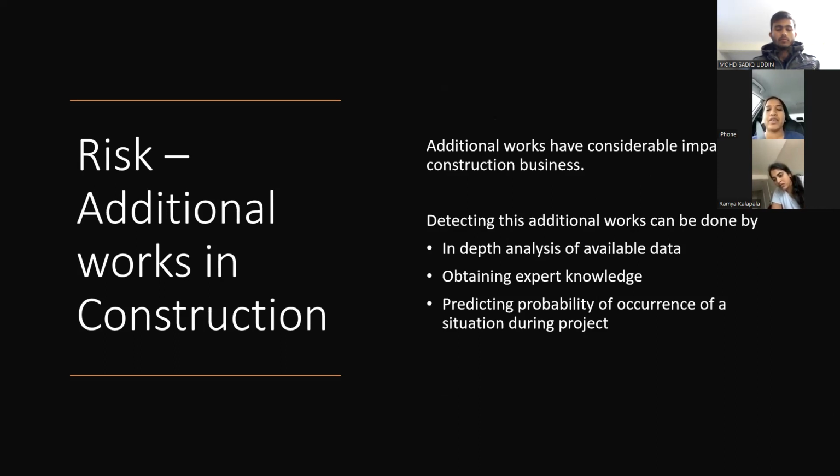In-depth study of available data, collecting expert knowledge, or forecasting the probability of occurrence of phenomena that may occur during the project, all these are related to detecting causes that initiate the appearance of this sort of work and identifying their implications.